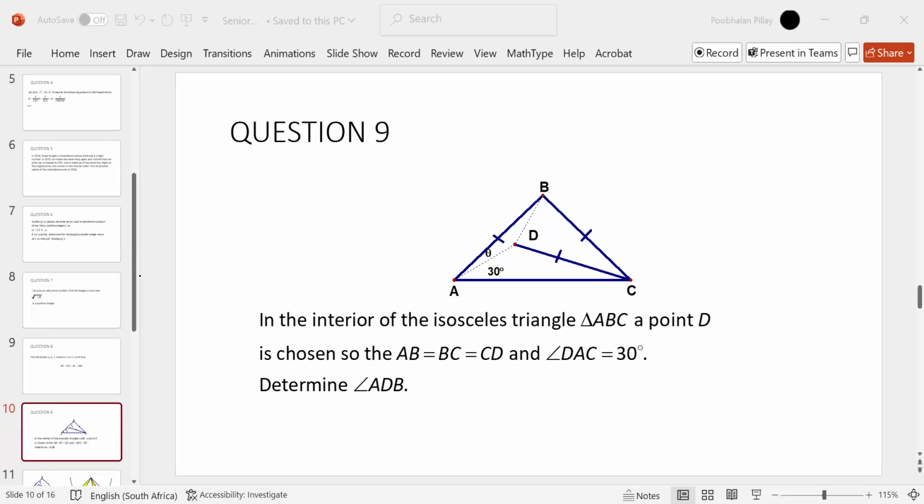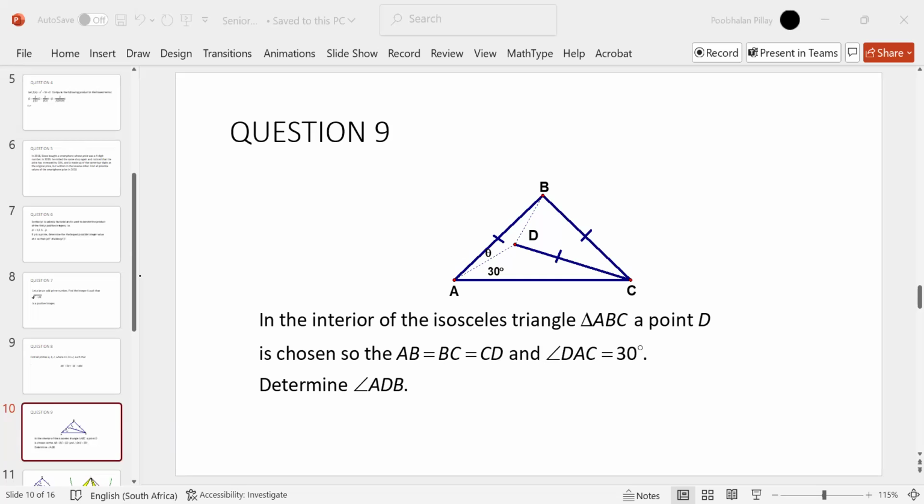So what you've got here is an isosceles triangle. You can see those two are the same. And you've got a point inside the triangle such that this is equal to that. So you've got another isosceles triangle here. And also this point makes an angle of 30 degrees with AC.